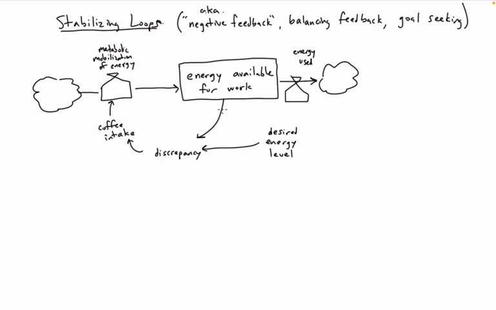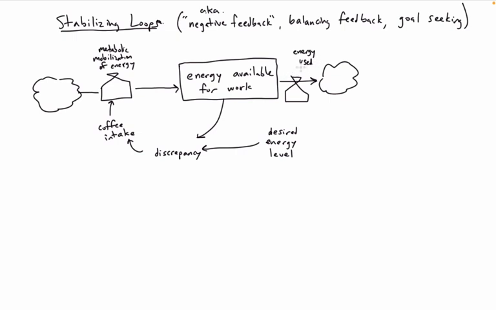So let's say that we've got a lot of energy, we're kind of bouncing off the walls. That's higher than our desired energy level. So there's a discrepancy, and we'll probably make the decision to not drink any coffee at this point. So we're not going to metabolize more energy.